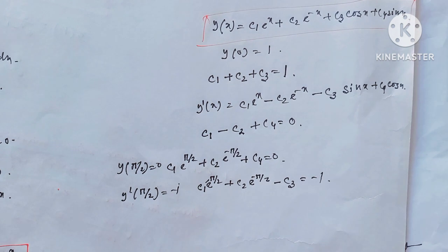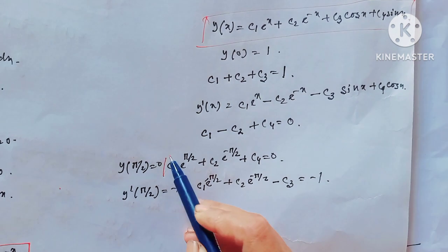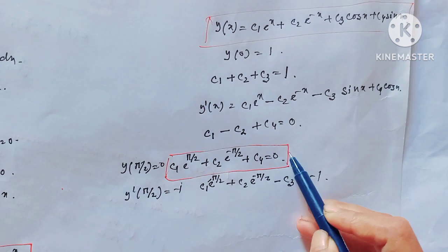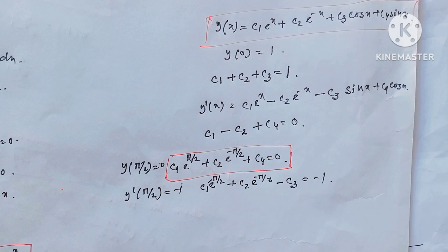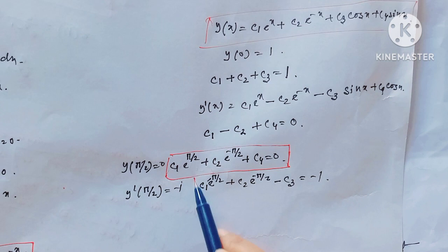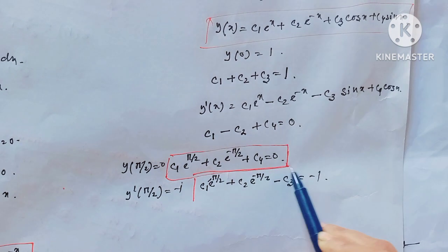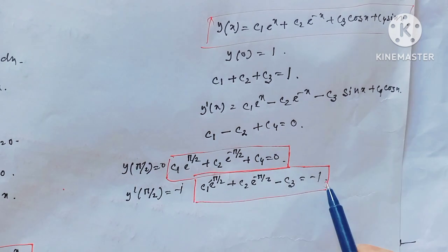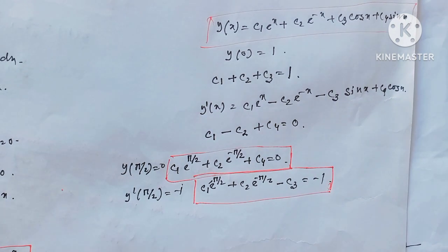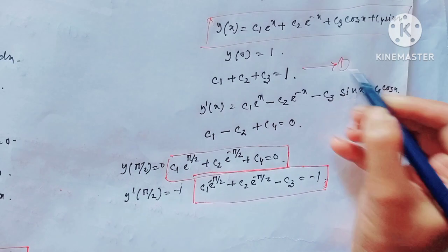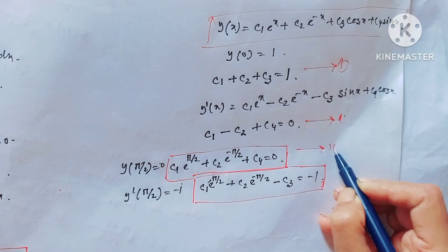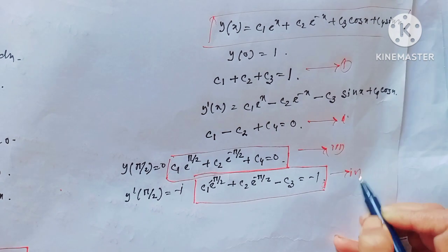y(π/2) equal to 0, that implies c1 e^(π/2) plus c2 e^(-π/2) plus c4 equal to 0, and y'(π/2) equal to minus 1. That implies c1 e^(π/2) plus c2 e^(-π/2) minus c3 equal to minus 1. Similar to before, consider this equation as 1, this equation 2, this equation 3 and this equation 4.